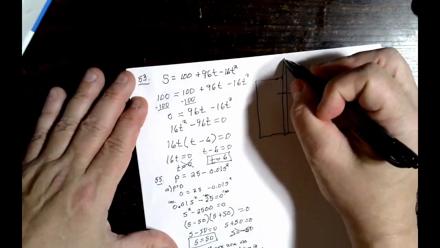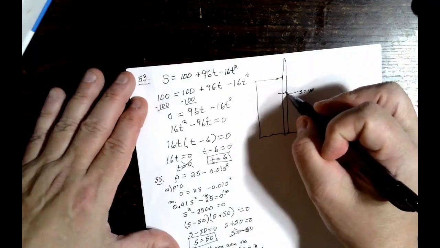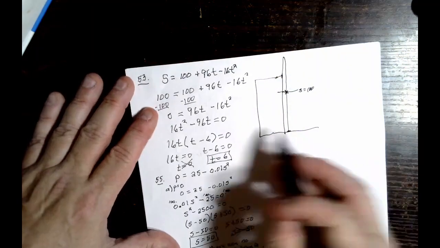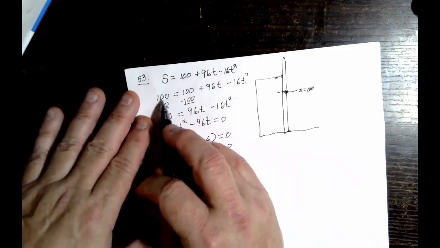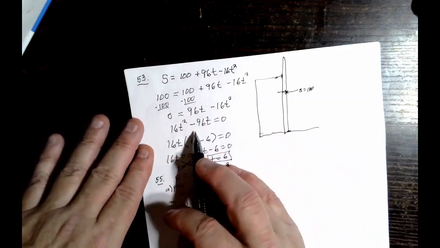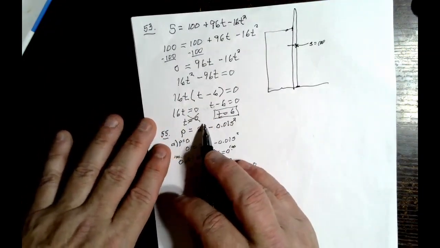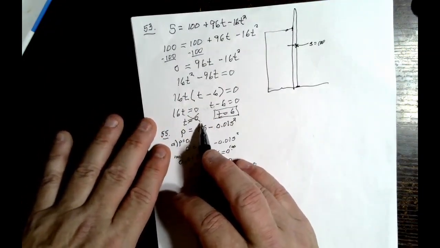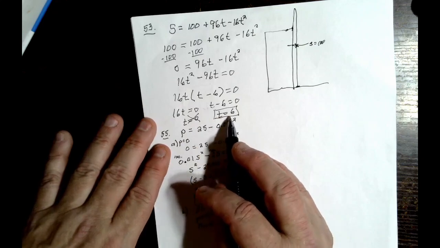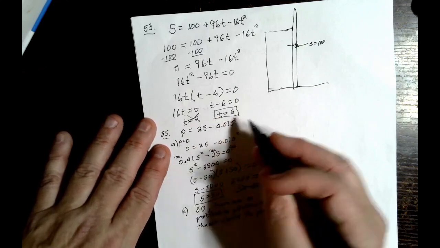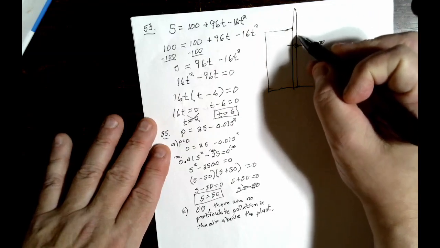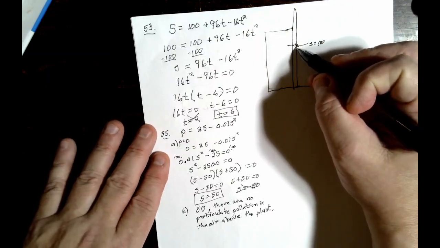And so you're asking how long does it take to get to this point? So the height of the ball would be 100, okay, and you solve that by factoring and set each part equal to 0, and you get t equals 0, which is useless, that doesn't help much. And then t equals negative 6, or t equals positive 6. So it takes 6 seconds for it to go up and back down and then reach a level of 100 feet.